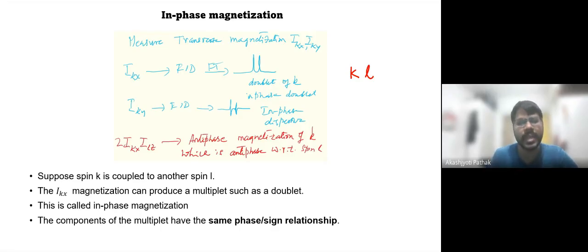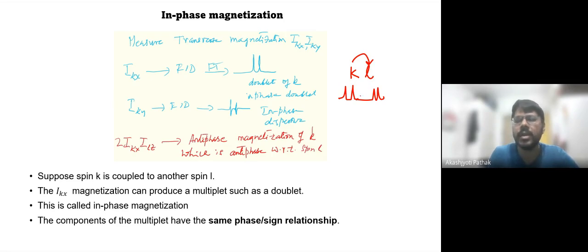Suppose spin K is coupled to another spin L, the KX magnetization will produce a multiplet. If we consider a very simple spin system like KL, you will have a doublet for K and you will observe a doublet for L. Your K spin will result in peak splitting of the L spin, and your L spin will result in peak splitting of the K spin.